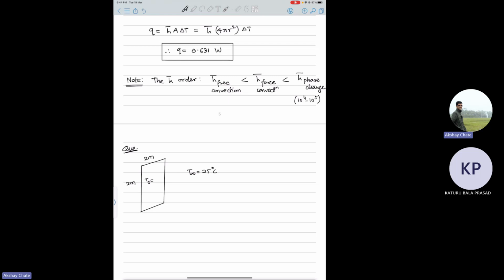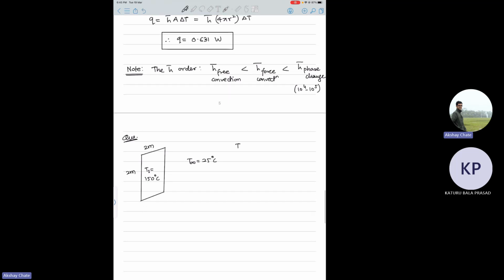The surface temperature of the plate is 150 degrees Celsius. And we need to find, first, the heat transfer coefficient, and then the rate of heat transfer.